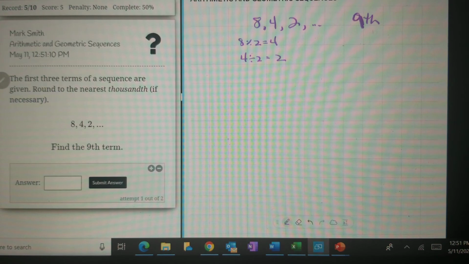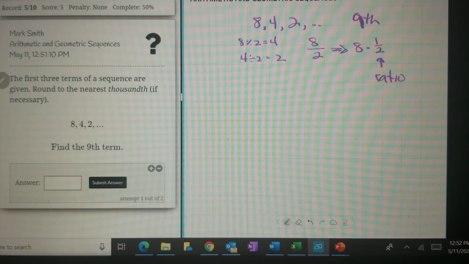Okay, and now this is what I said before. You have to think about this. So you have 8 divided by 2, which is the same as saying 8 times 1/2. So our ratio is 1/2. And we want the 9th term.